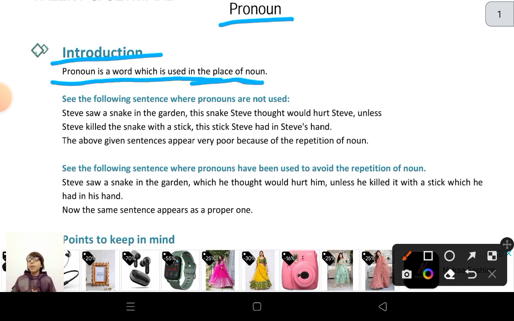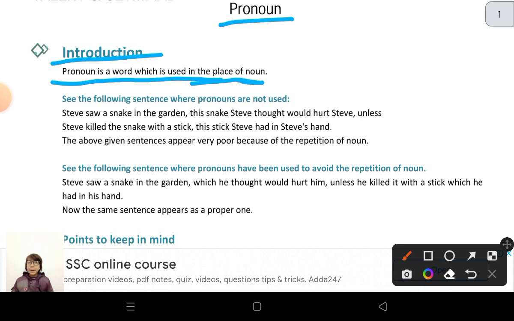Shyam is my favorite friend, and Shyam likes to play cricket. Shyam's favorite food is, we can say, puri, and so on. In each and every sentence I have started with the word Shyam, Shyam, Shyam. So isn't it very boring? To make it interesting, we use pronouns.